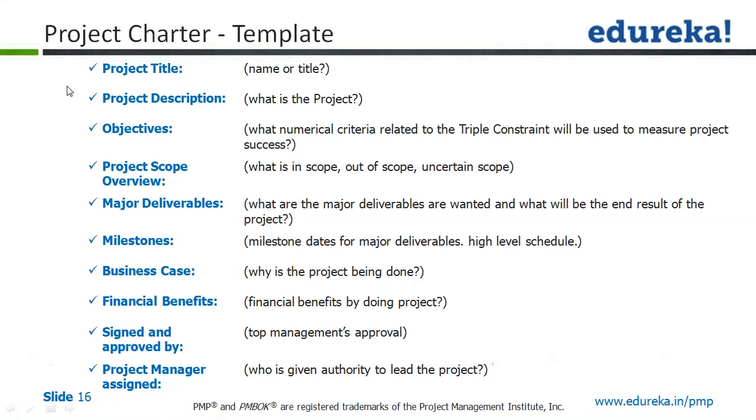So I repeat, a charter must contain project description, project objectives, project scope overview, major deliverables, milestones, business case, financial benefits, details of the signing authority and approving authority, and the assigned project manager.